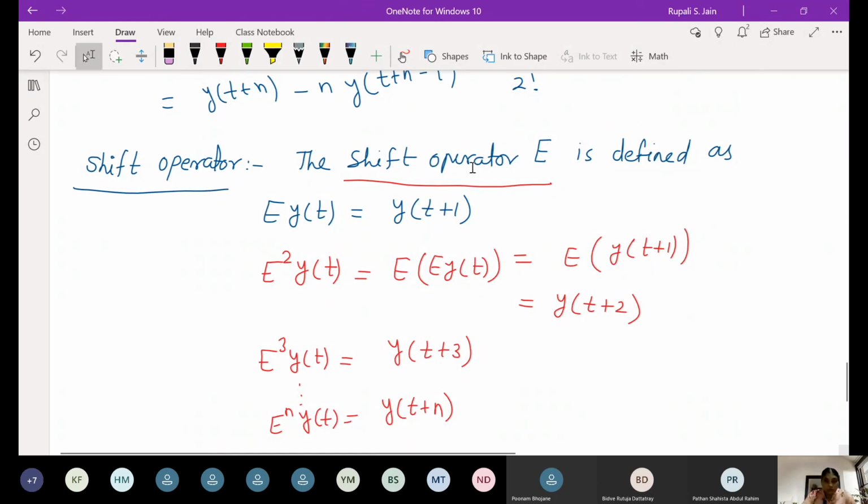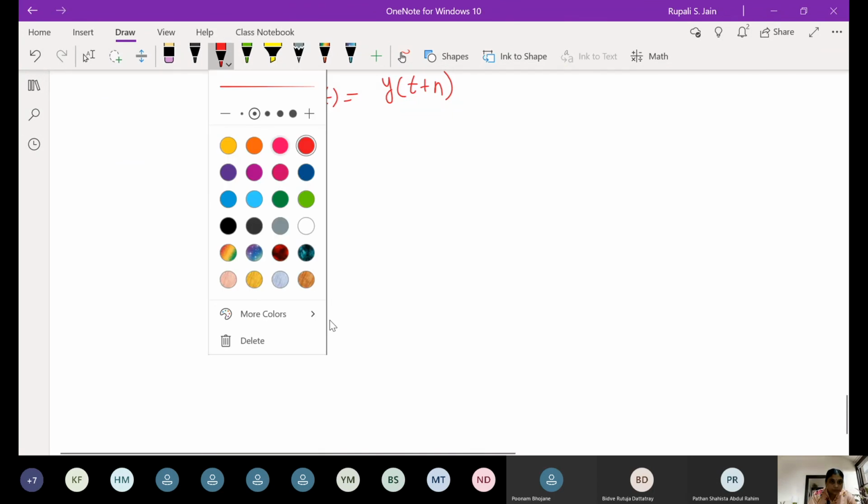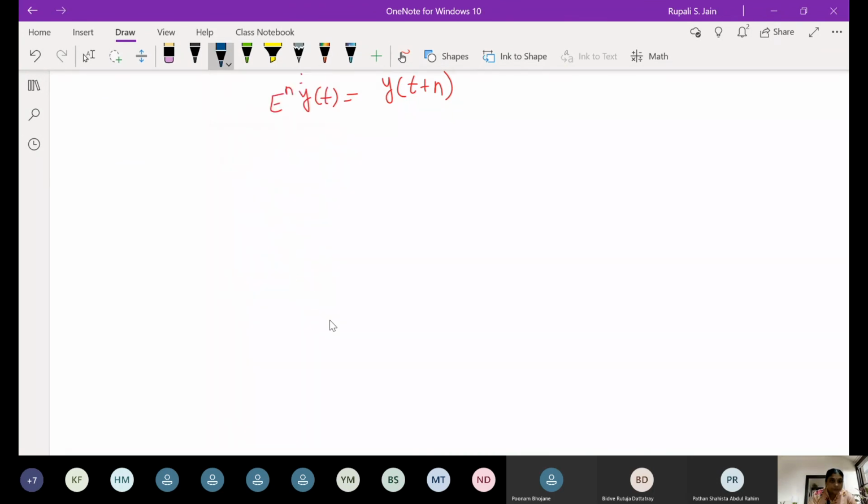Now, just now we have seen the definition of the shift operator: E yt is nothing but y at t plus 1.